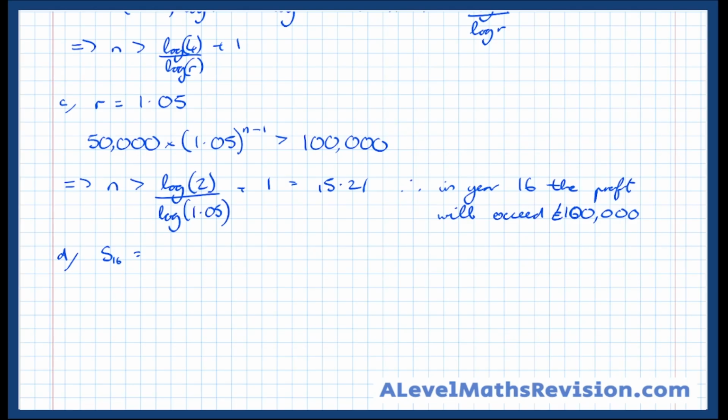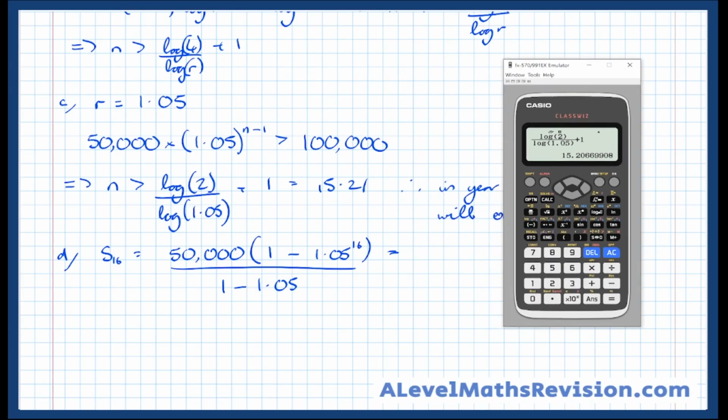So S16 equals a(1 minus r to the power of n) over 1 minus r, which is equal to, let's just type that in the calculator, get the final answer. 50,000 times (1 minus 1.05 to the power of 16) over 1 minus 1.05 equals.